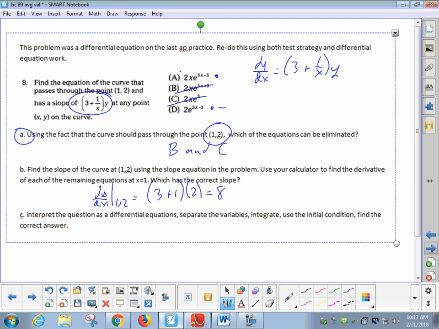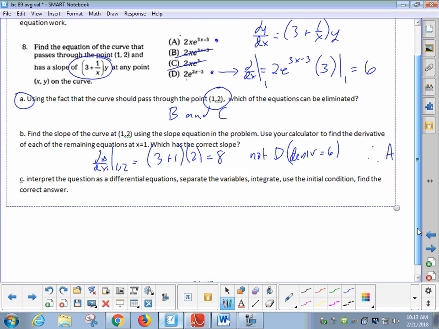What's the derivative of this one? 2e to the 3x minus 3 times 3. If you do that at 1, what do you get? 6. Can that be it? The derivative is wrong. So it's not D. The derivative is wrong. So it must be.